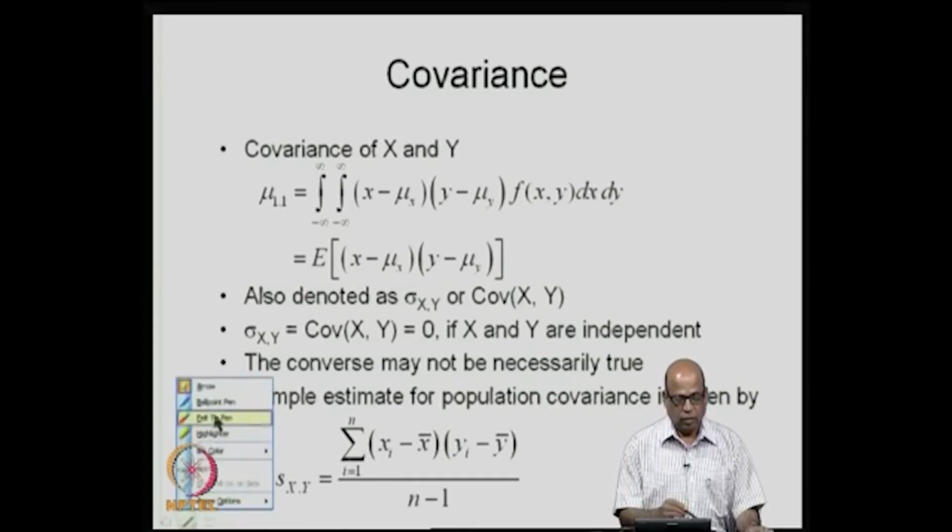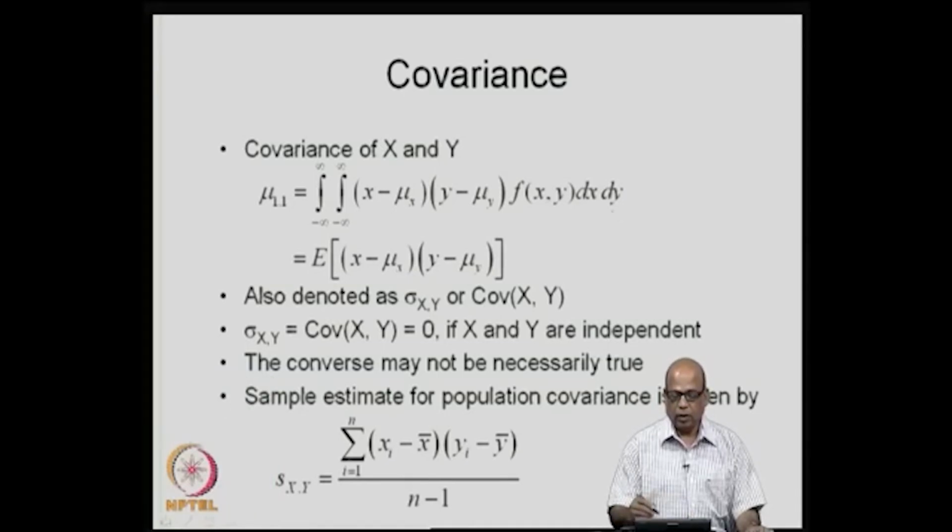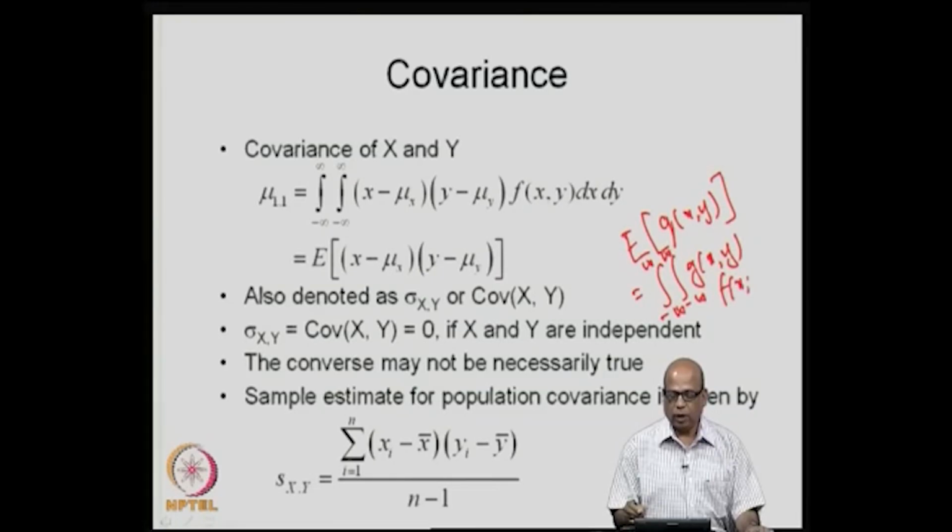Recall what your expected value is. The expected value of, let us say I write this as g of x comma y in a two dimensional random variable case, is nothing but the integral from minus infinity to plus infinity of the function g of x comma y times the joint PDF f of x y dx dy. This is how we define the expected value of a function.